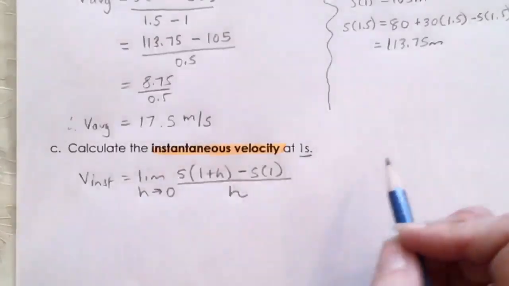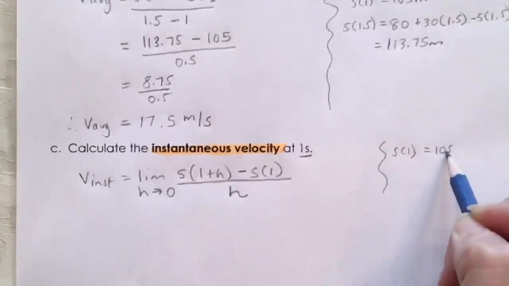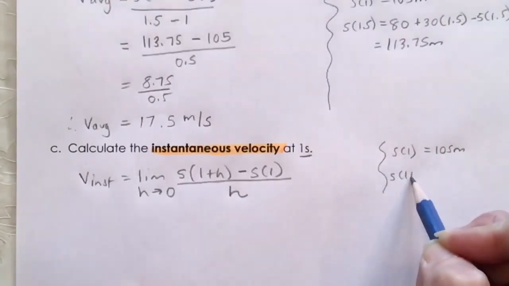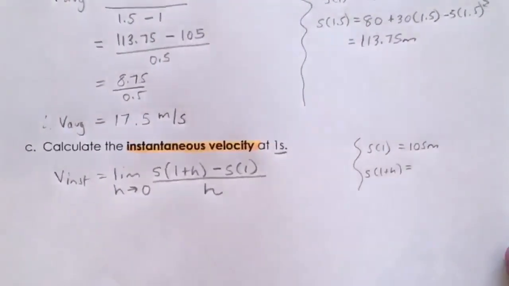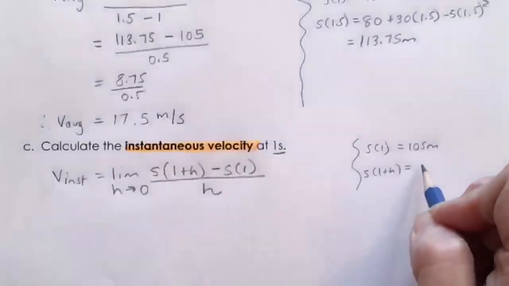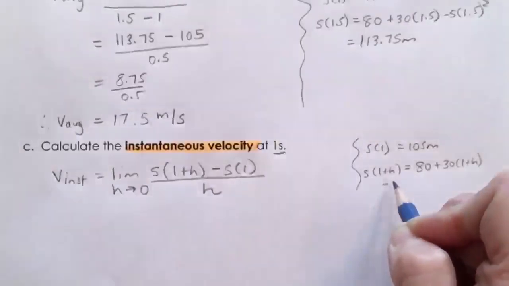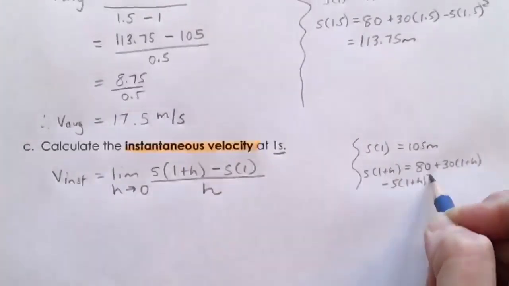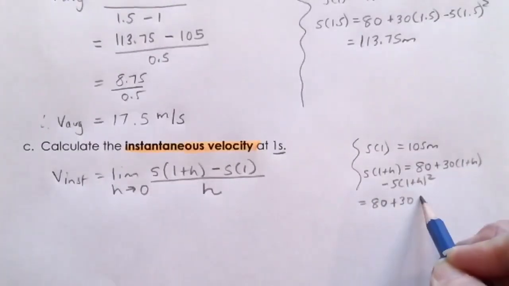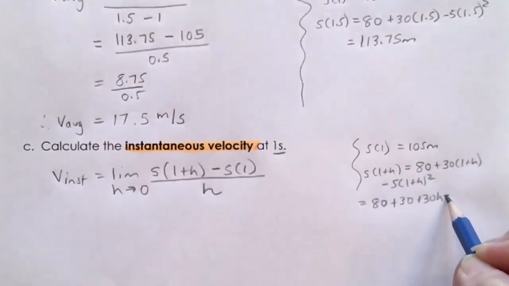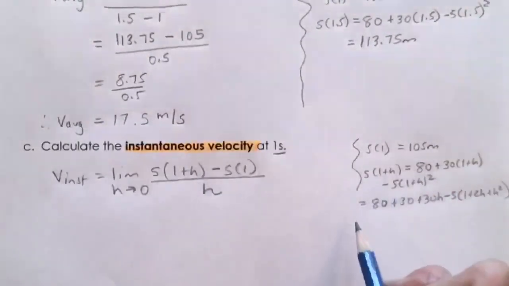All right, so we already know what S at 1 is from our previous problem. It was 105 meters. But S at 1 plus h, we're going to have to do some work here. So move my paper over a bit here. 80 plus 30 times 1 plus h minus 5 times 1 plus h squared. So that's going to be 80 plus 30 plus 30h minus 5 times 1 plus 2h plus h squared.